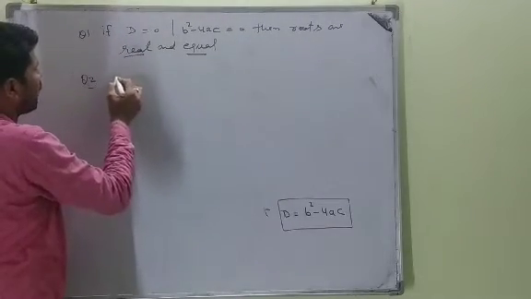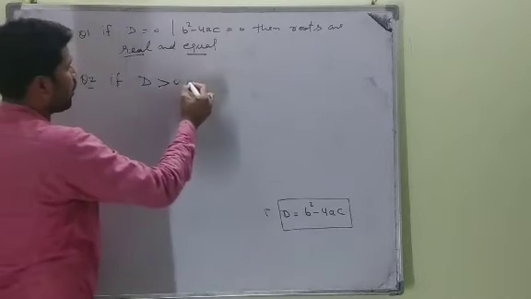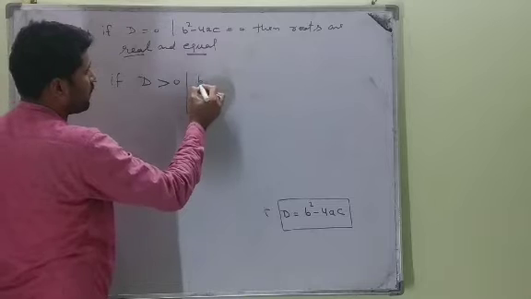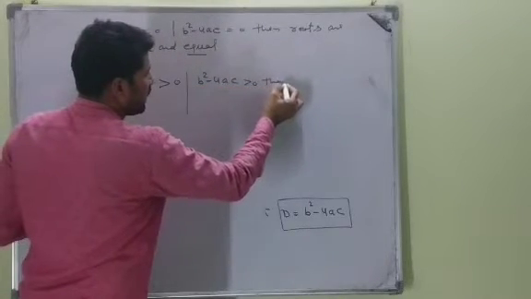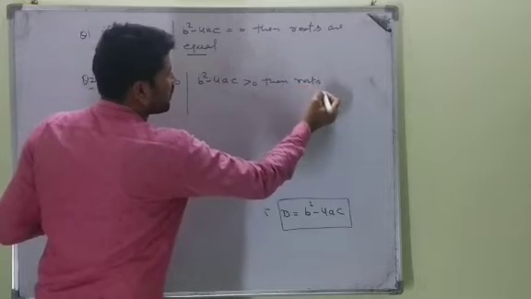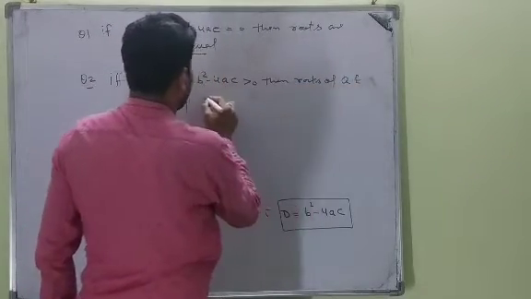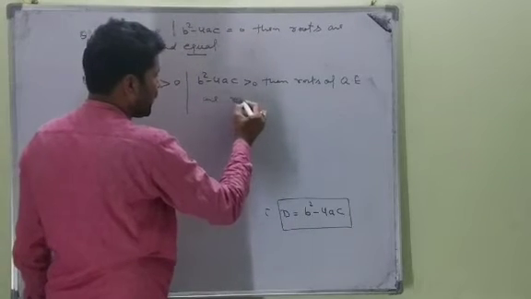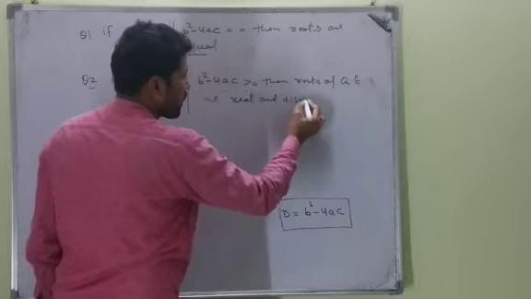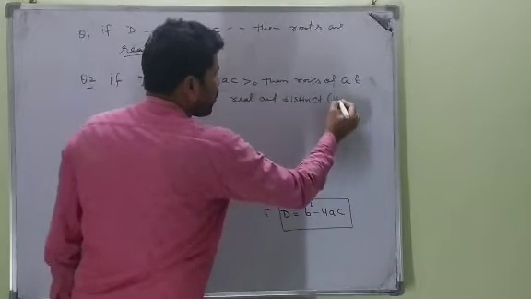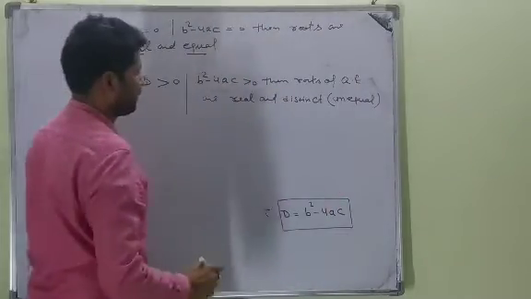Case 2: if D greater than 0, or b square minus 4ac greater than 0, then the roots of the quadratic equation are real and distinct. Distinct means unequal or different.